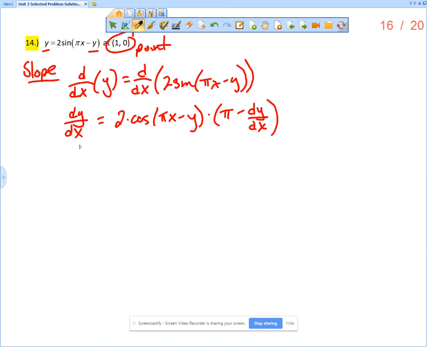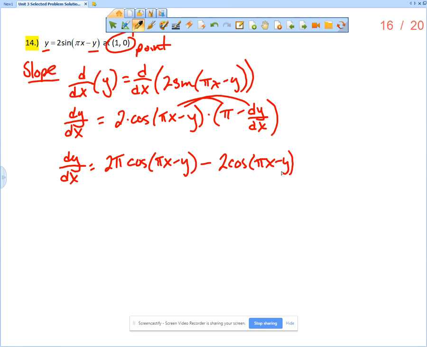Now we want to solve for dy/dx. That means I need to get my two dy/dx's together on one side of the equation. In order to do that, we're going to distribute the cosine. So dy/dx equals, since pi is a constant, 2 pi times cosine of pi x minus y, minus 2 cosine of pi x minus y times dy/dx.